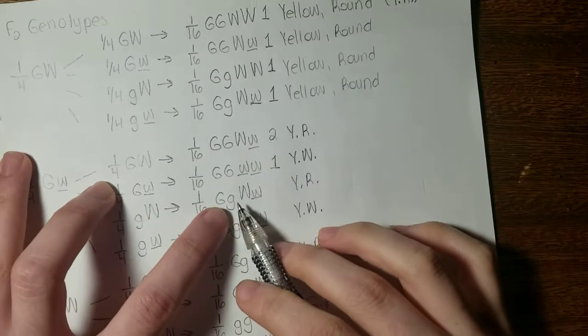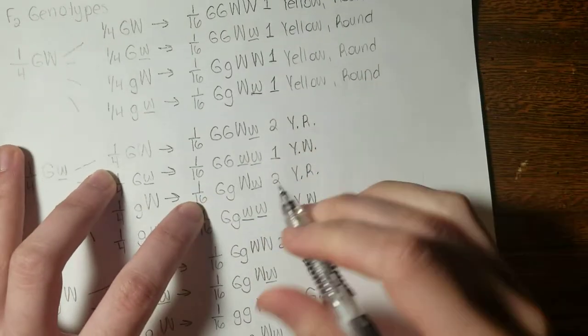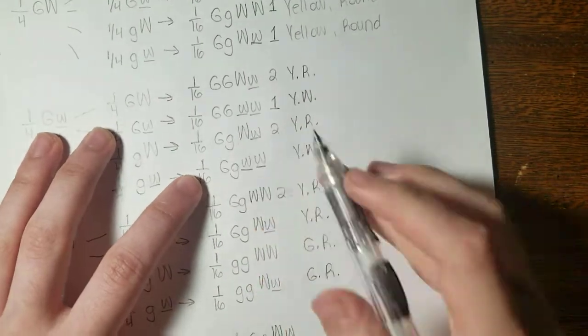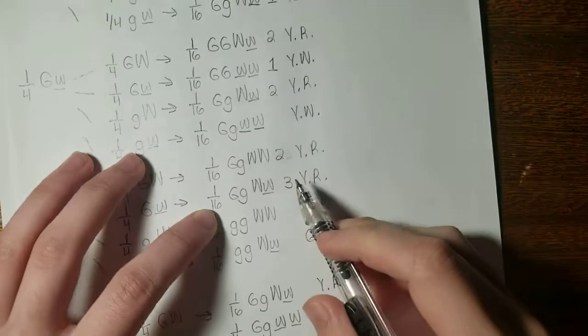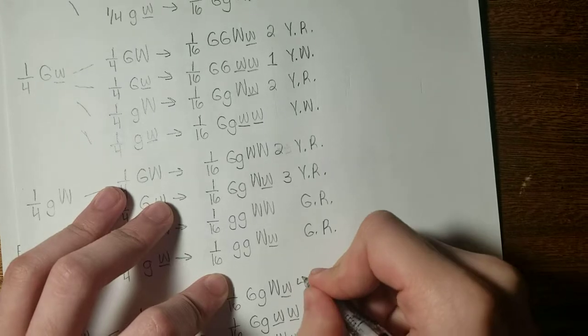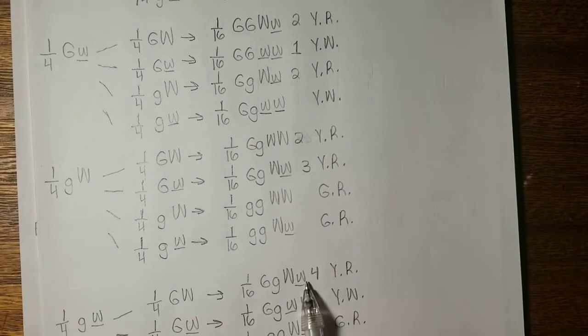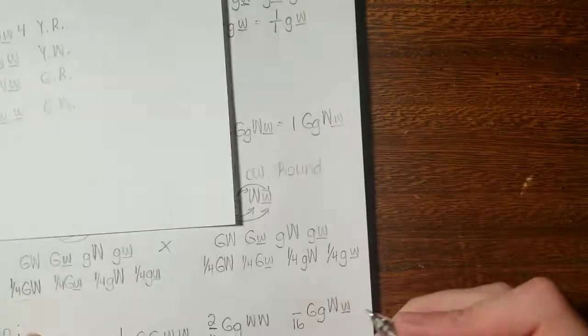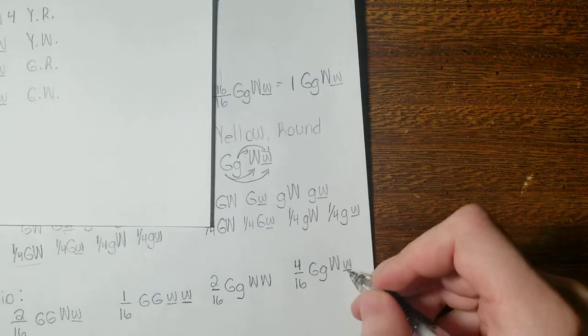Big G, big G, big W, little W. Here goes 2. Here goes 3. And here goes 4. So we have a total of big G, big W, little W. We have a total of 4. So there are 4/16 big G, big W, little W.